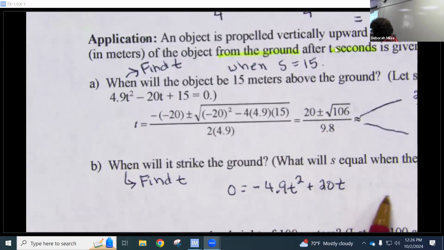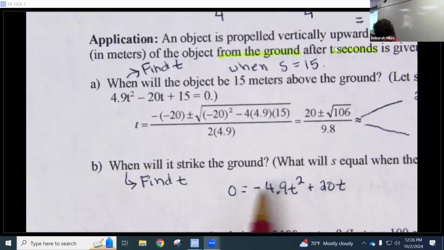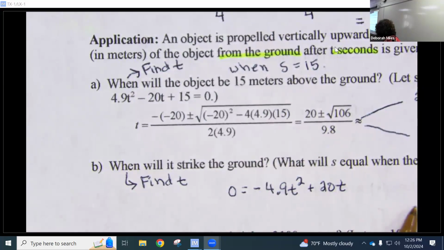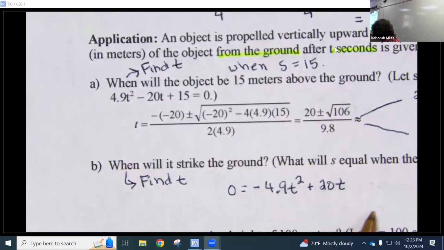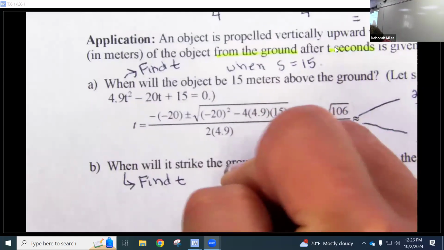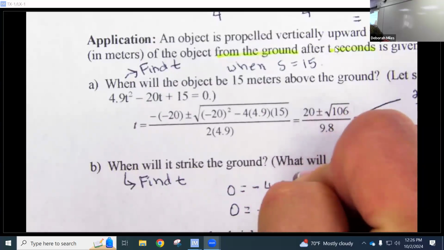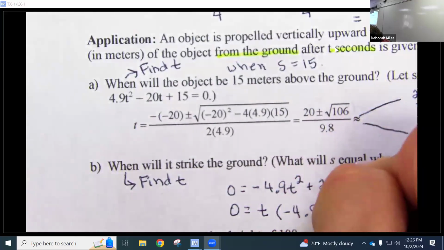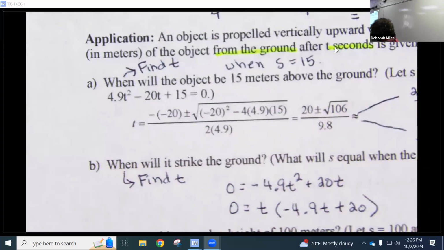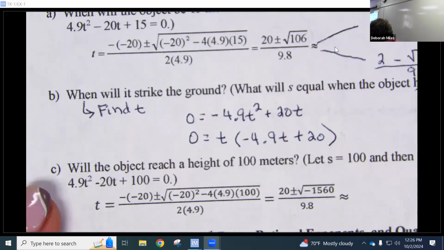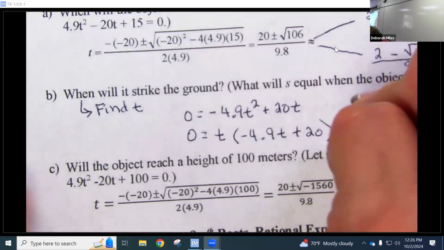The constant on the end is 0. A would be negative 4.9, B would be 20, C would be 0. That's not the easiest way to solve this. It's much easier to just factor out a t, and then set each factor equal to 0.